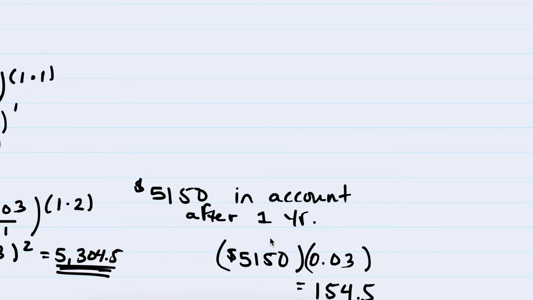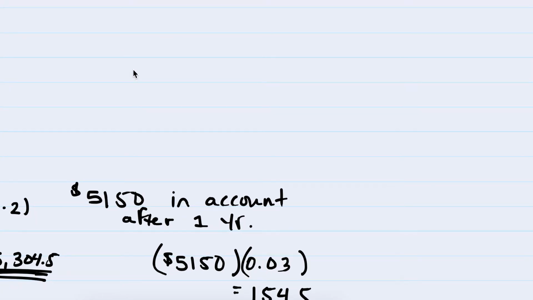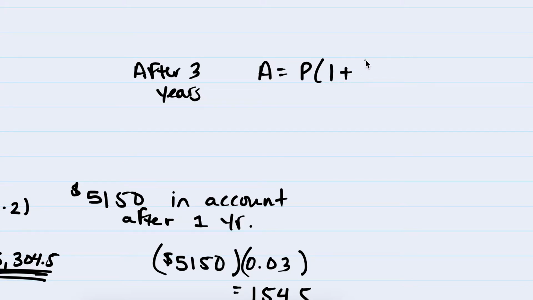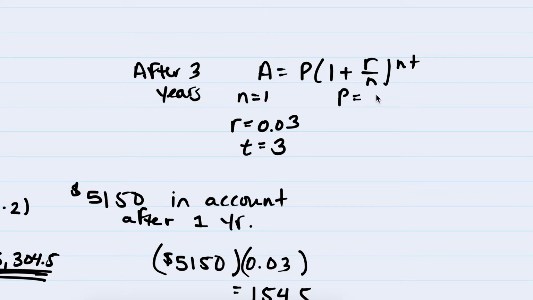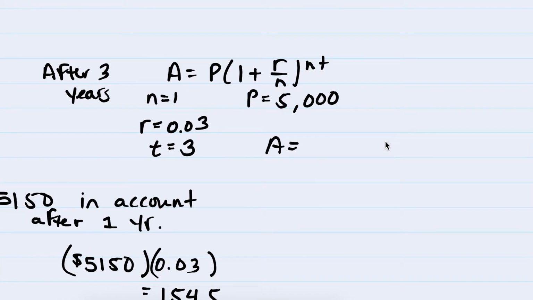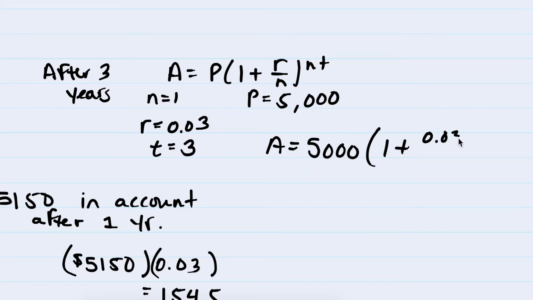So let's do one more year. I'm going to do it over here. So after 3 years, remember our formula looks like this. Here n is always going to be 1. Our rate is 0.03. T though is going to be 3, and our starting principal is $5,000. So A is 5,000 times 1 plus 0.03 divided by 1 raised to the 1 times t, which is 3.